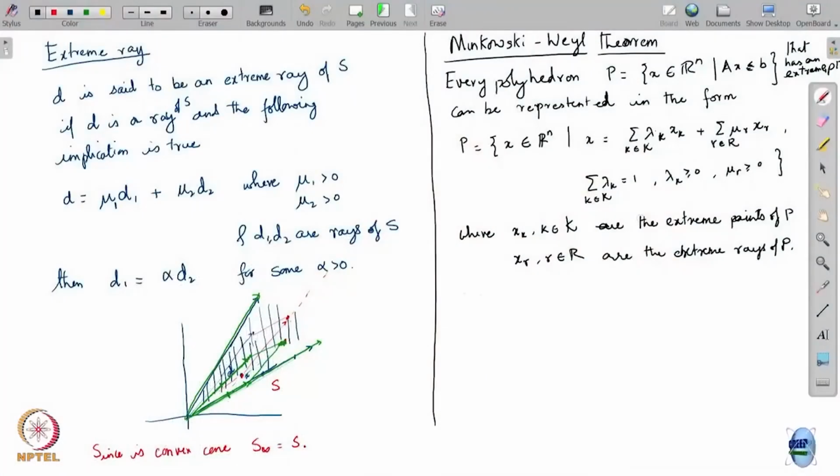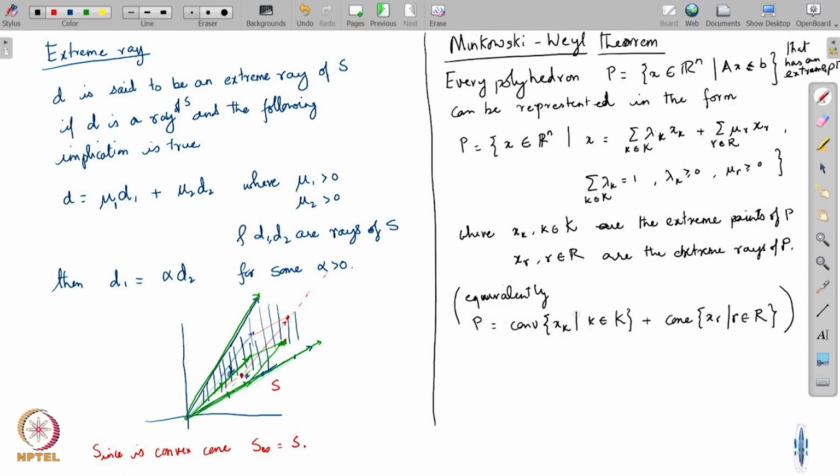So, equivalently, P is equal to the convex hull of the points x k, where k belongs to capital K, plus the cone generated by points x r, where r belongs to capital R. So, every polyhedron can be represented in this kind of form.